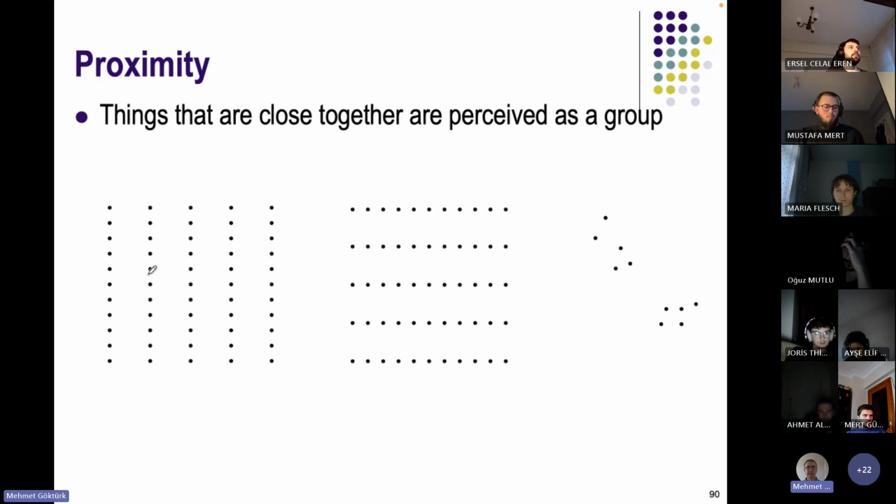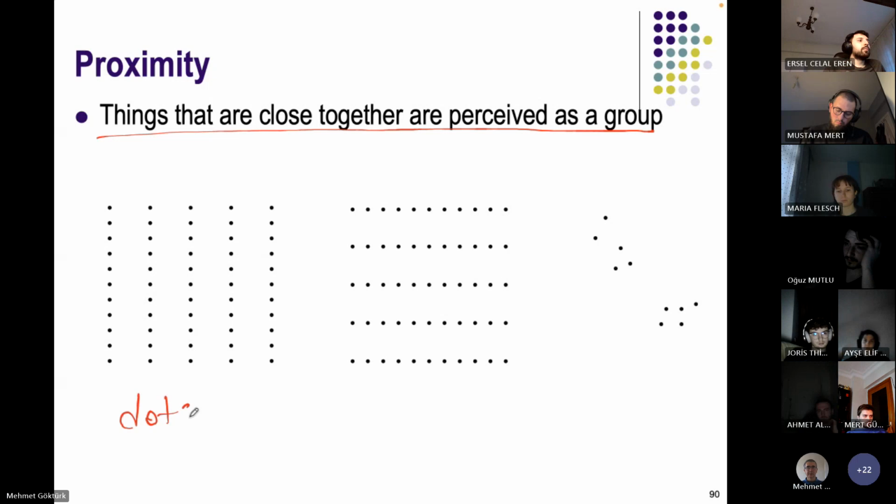This is what proximity tells us. Things that are close together are perceived as a group. Here we see dots or lines. Do we see dots or do we see lines?